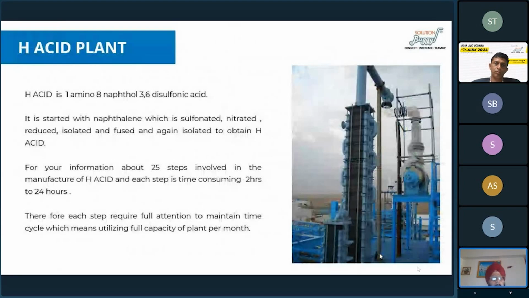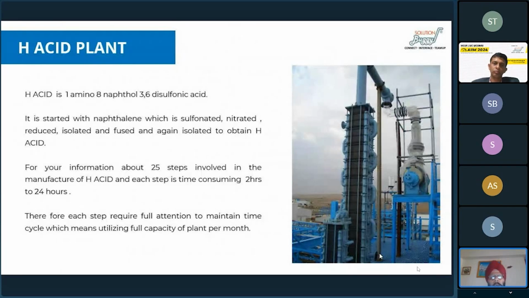Coming to H acid, it is 1-amino-8-naphthol-3,6-disulfonic acid. You will see that naphthalene is a simple compound which has to be sulfonated. Sulfonation takes a lot of time, because first, two sulfonic acid groups have to be introduced into the naphthalene. But in sulfonation, three sulfonic acids are produced, which are to be converted into two sulfonic acid.